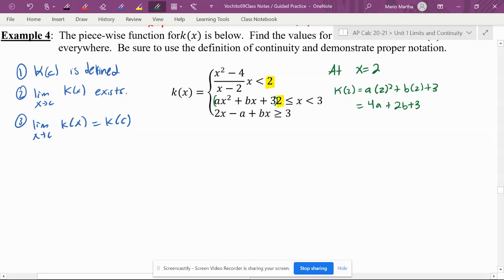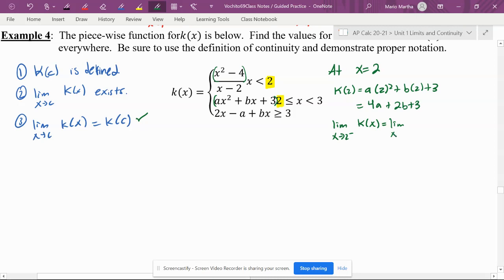And then let's see what the limit is approaching, because if we want it to be continuous, then the third condition must be met. Those two have to match, so they have to be equal to each other. So let's see the limit as x approaches 2 from the left side first of k of x. If you notice on top right here, we have a difference of squares, so I can factor.